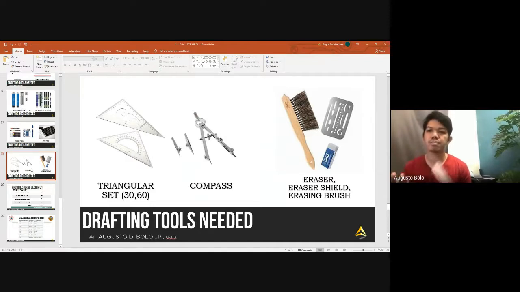Apart from tracing paper, merong parchment paper, hopia paper. I am also hindi ko siya nililimitahan ngayon sa design class because I know the limitations of getting out. So, if you have your hopia paper for as long as it is on the same size of the required size of our drawings, okay lang sa akin.